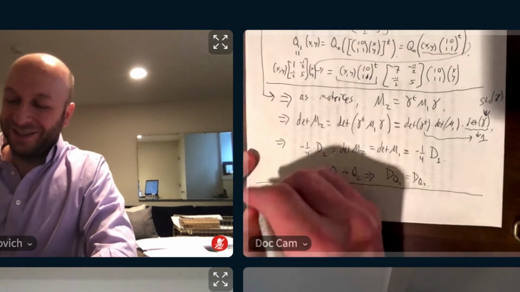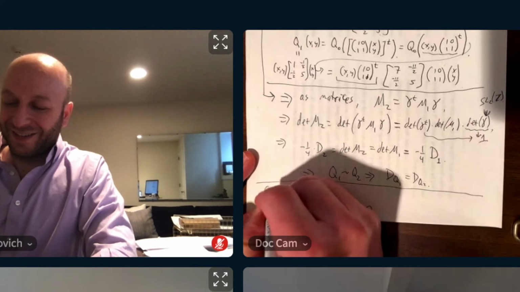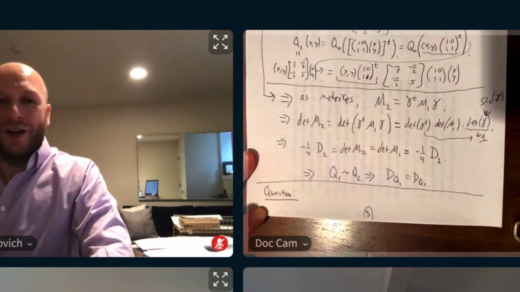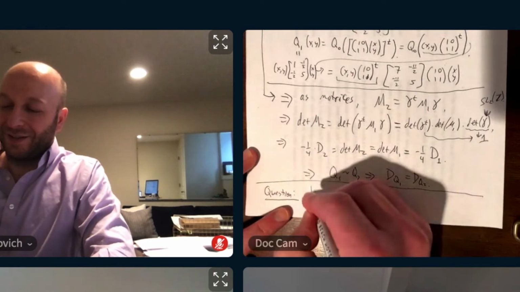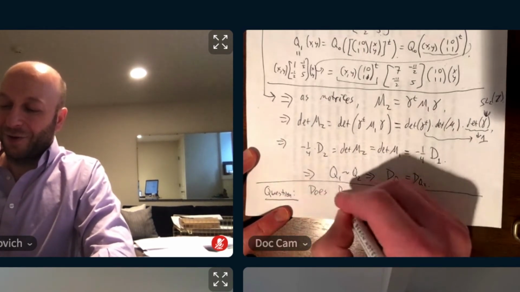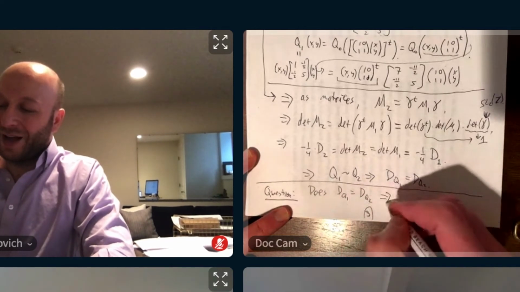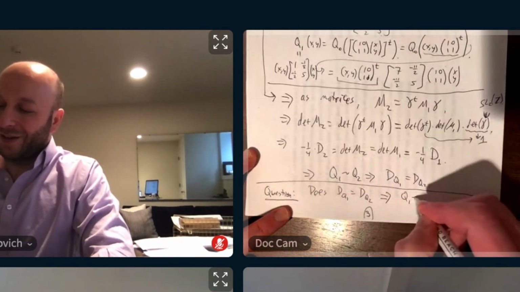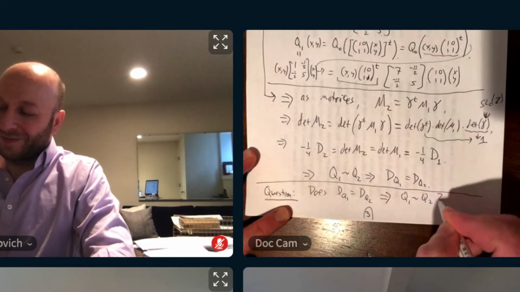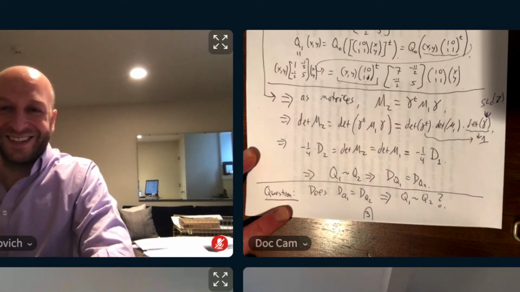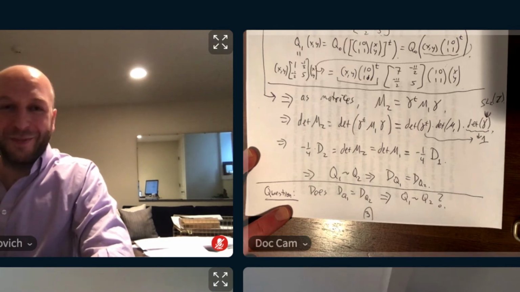Here's a question. Is there a converse to this? Does the discriminant of Q1 equal to the discriminant of Q2 imply that the two forms are equivalent? I'll give away a little bit of the punchline.